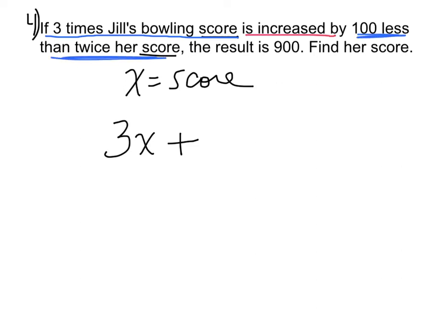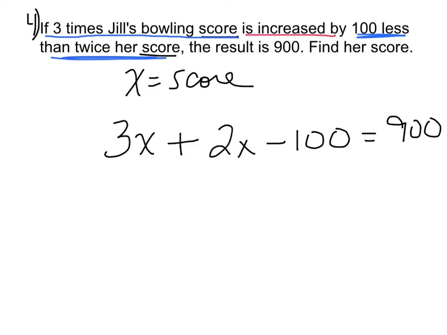A lot of people want to put 100 less than twice her score as 100 minus something. But if you're taking 100 less than something, what are you doing? You're subtracting it. So you're subtracting it from twice her score. So what are you going to put down for twice her score? It'd be 2x. And 100 less than that would be minus 100. And then it says the result is 900. So that'd be equals 900.